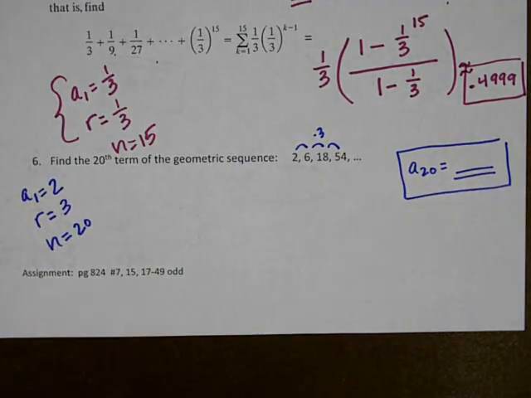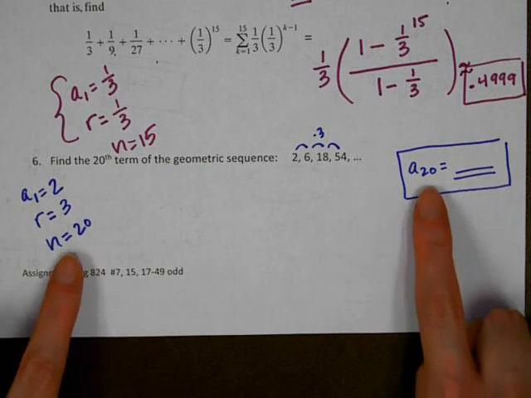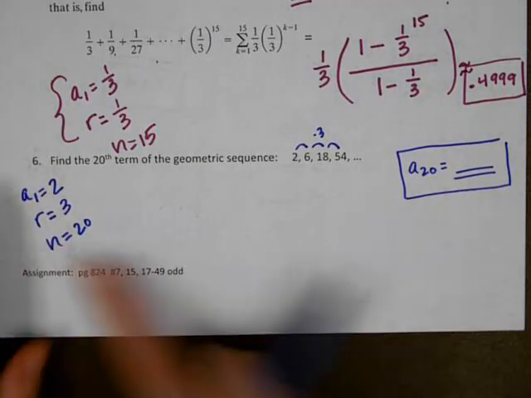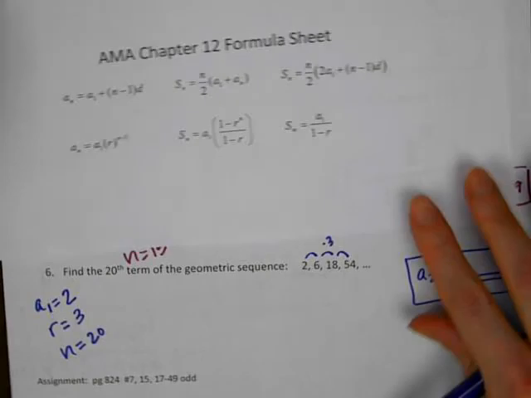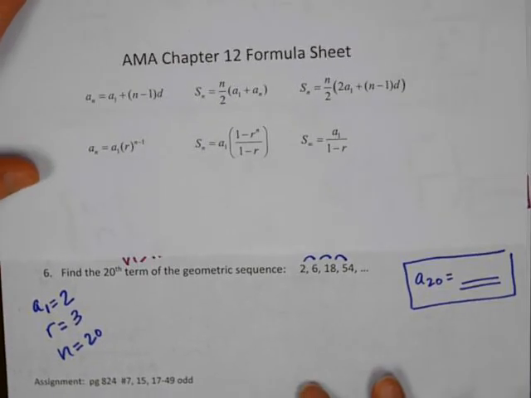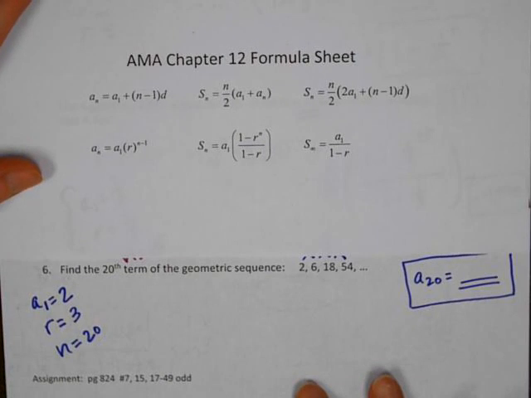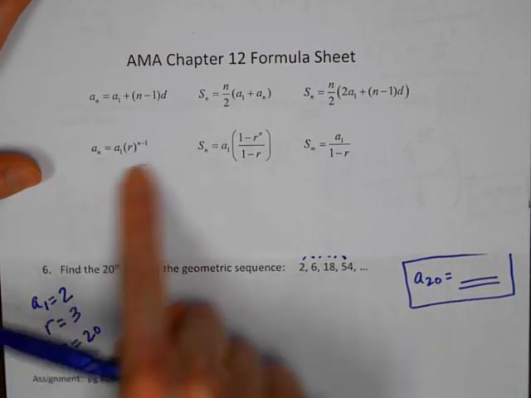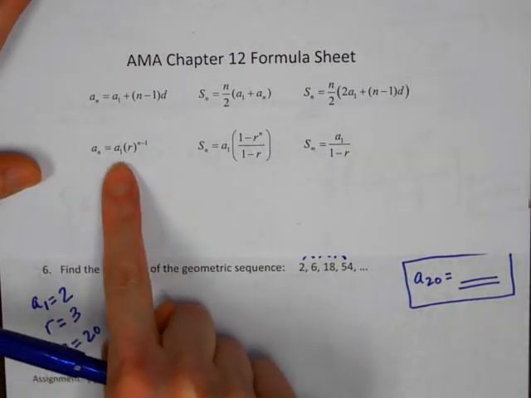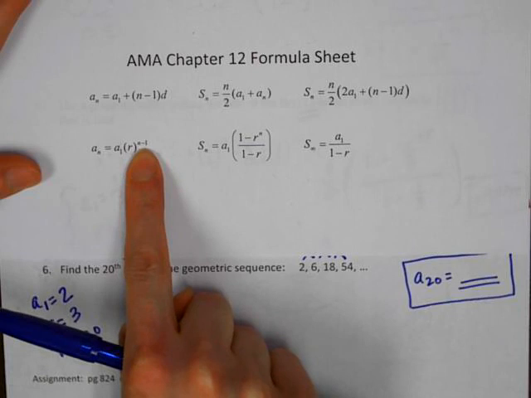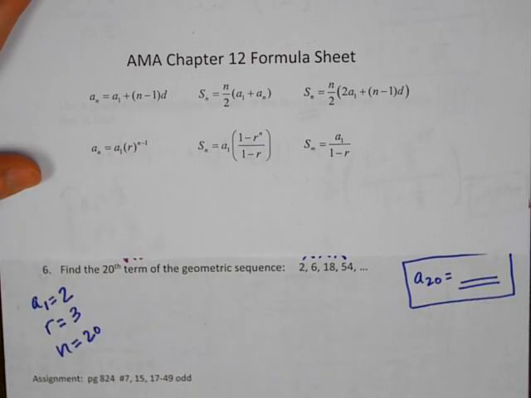So is there any formula that links these parts here? Here, I'll give you guys the formula sheet. How can we find a sub 20? Well, it's geometric, so maybe we can use this one, right? A sub n equals a sub 1 times r to the n minus 1 power. That should work.